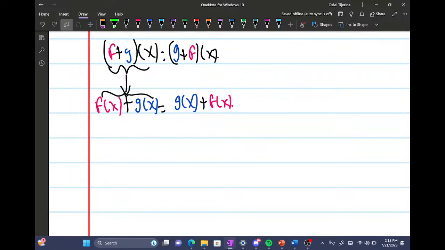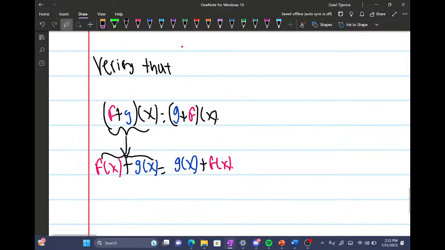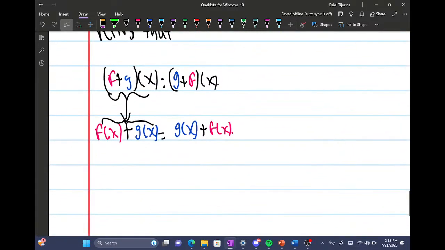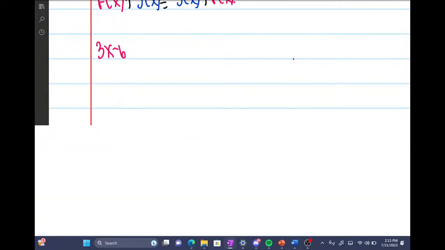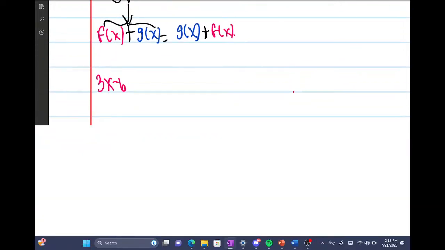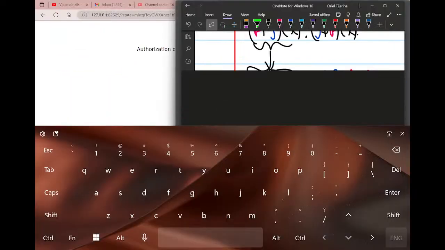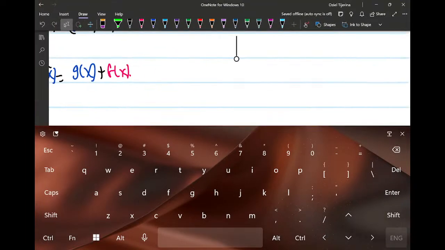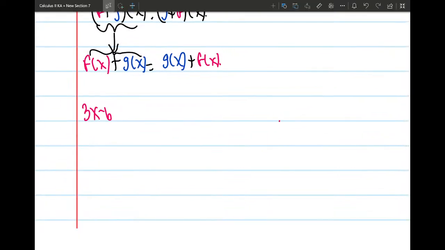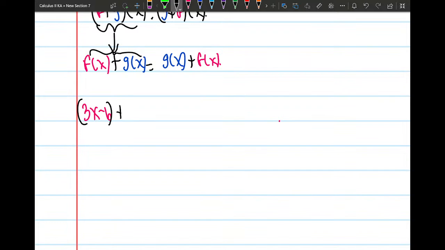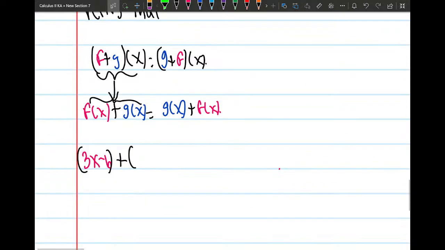So we would have 3x minus 6, and then plus g of x, which is x plus 4.